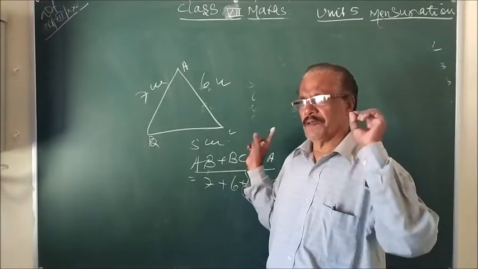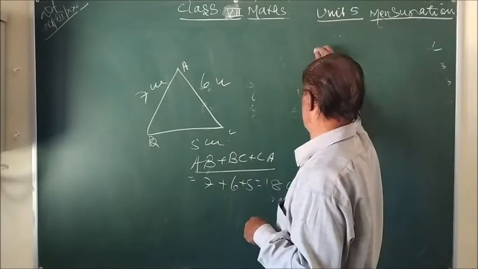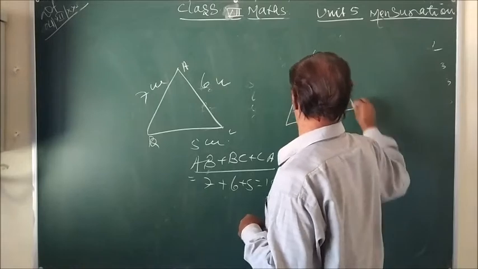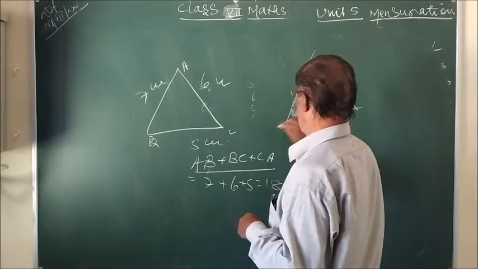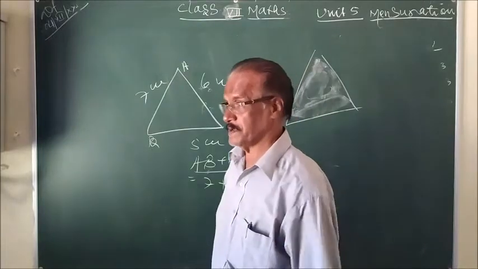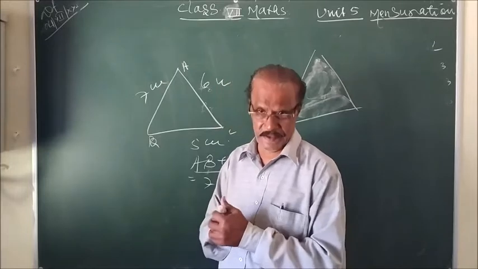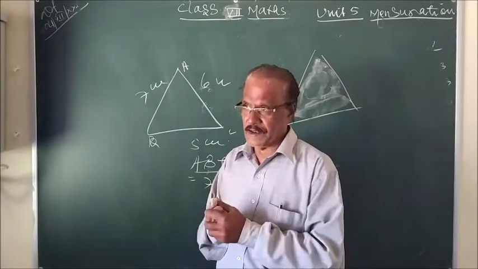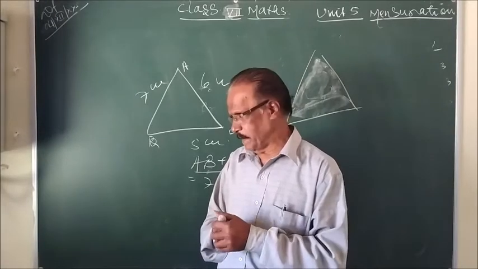And area is the region enclosed. If you draw a figure, suppose this is a triangle, then the amount of space it covers is called the region enclosed, the field that it surrounds is called area. In a rectangle the area formula is L into B, and for a square, side squared.